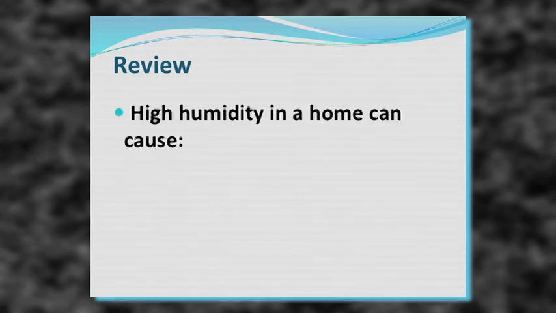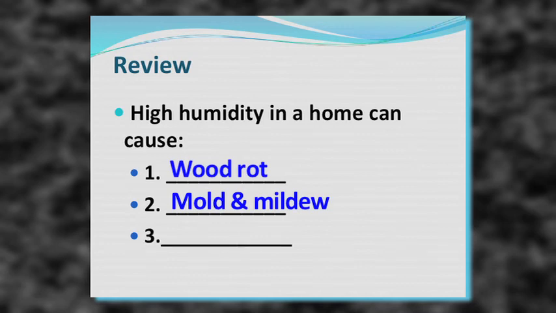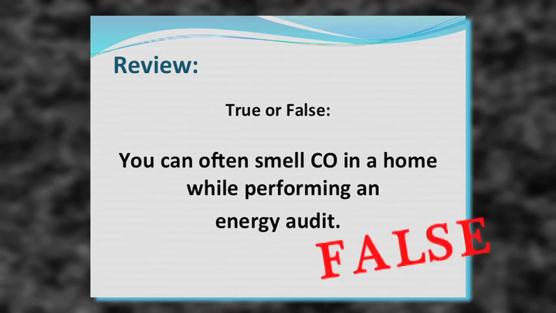Let's review. High humidity in a home can cause 1, wood rot or structural damage. 2, mold and mildew. 3, dust mites. True or false? You can often smell carbon monoxide in a home while performing an energy audit. That is false.